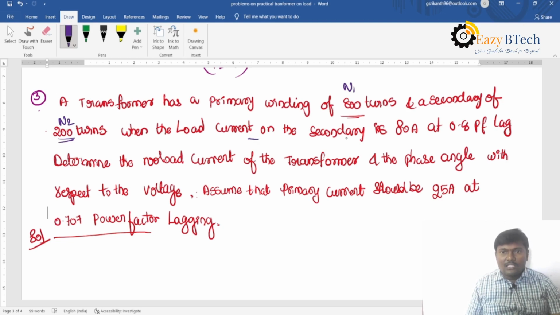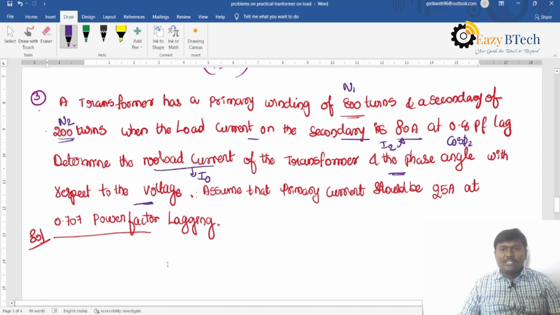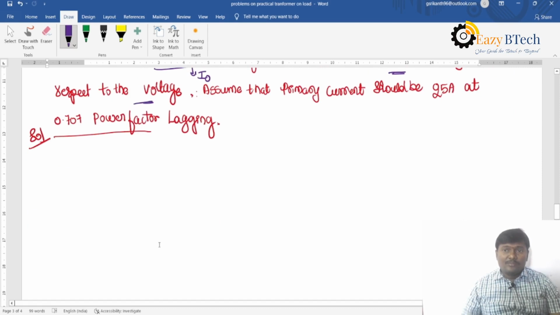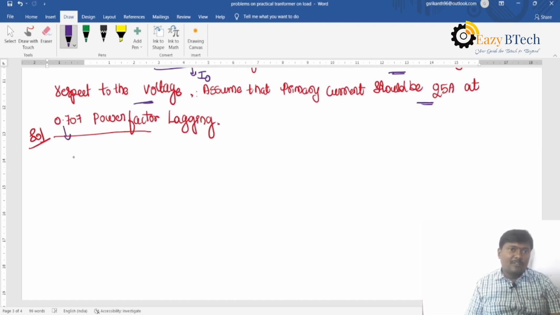When the load current on the secondary I2 is 80 amperes at 0.8 power factor lag, determine the no load current. Here he is asking the no load current of the transformer and the phase angle with respect to the voltage. Assume that the primary current I1 is 25 amperes and the primary power factor is 0.707.